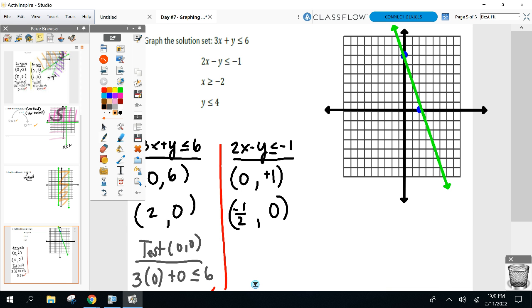It's okay. -1/2. Graph it as best you can. I'm not going to be critical of you guys. Do it as best you can. Oh, geez, that's a tight squeeze there. There we go. Solid line.